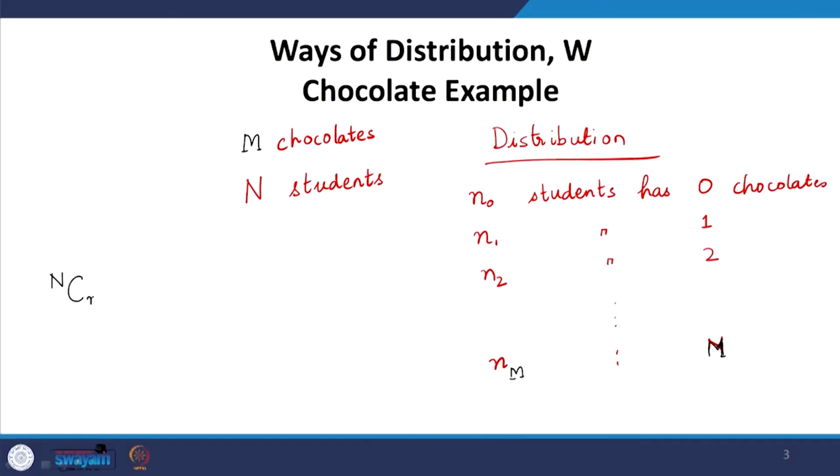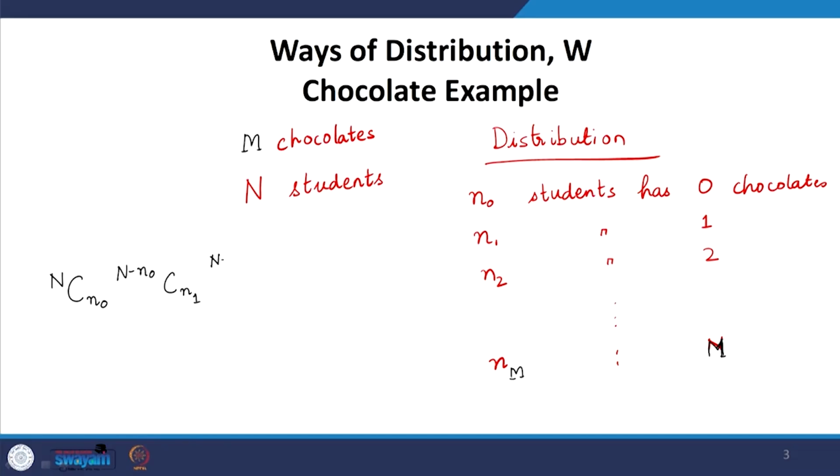Now, how many ways can we do that? One way to think about it is that first, out of these n students, I will pick n0 students who will get 0 chocolates, and we can do that in n C n0 ways. Once we have done that, we have n minus n0 students remaining, and I can again pick n1 students from the remaining ones in (n minus n0) C n1 ways.